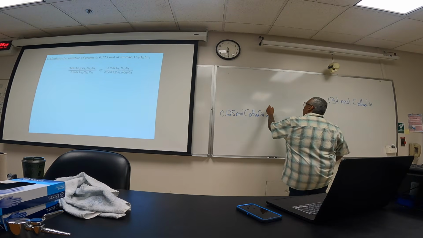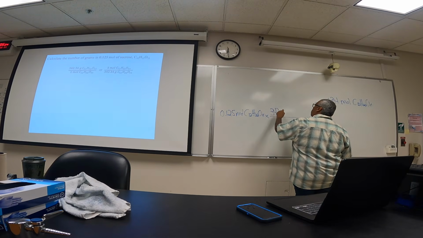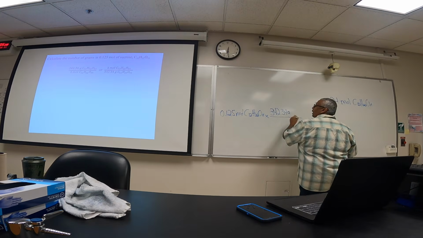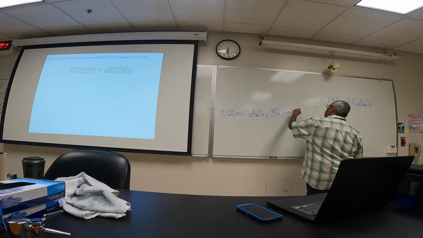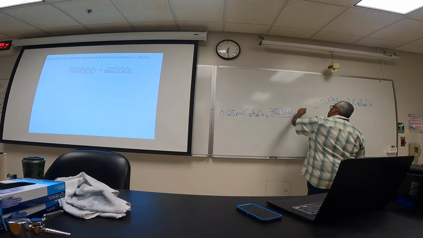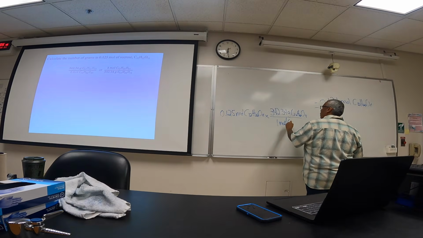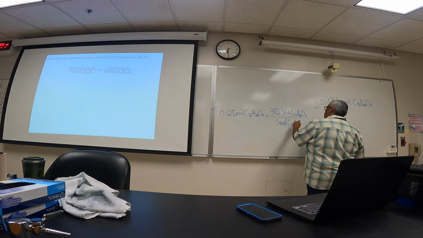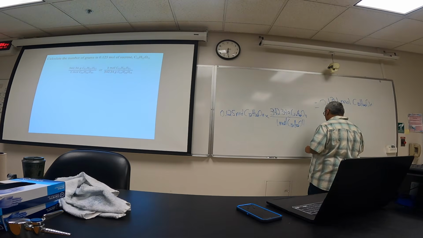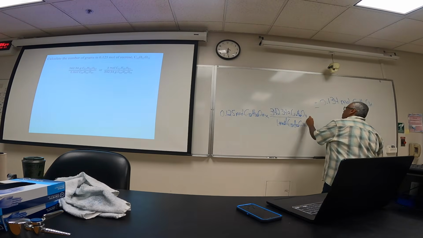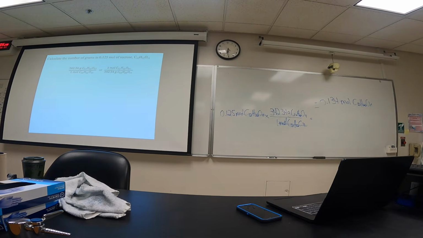So we're going to put 342.34 grams of sucrose for every mole of sucrose. And this unit will cancel out this unit, and we can get our answer.